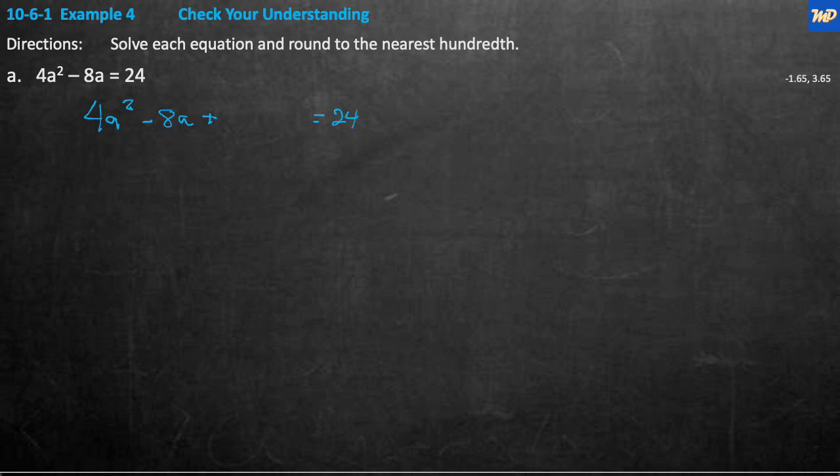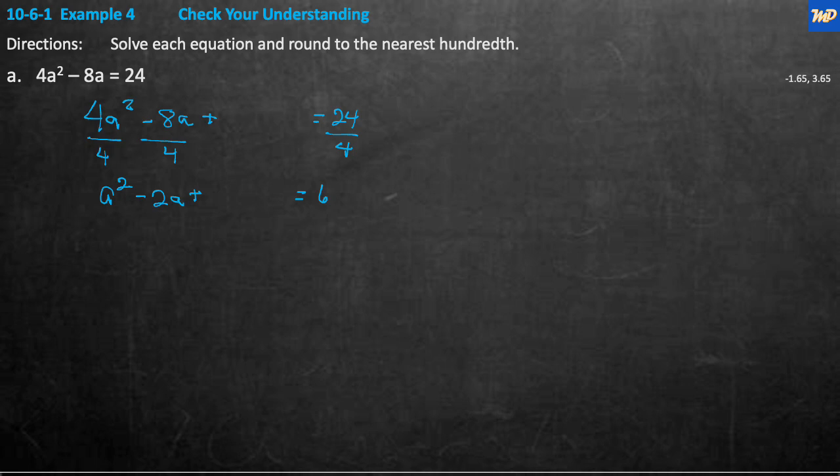First of all, I'm going to divide everything by 4, because we have to get the a squared term by itself. So I'm going to divide this by 4, this by 4, and the 24 by 4. And I'm going to get a squared minus 2a plus something equals 6.